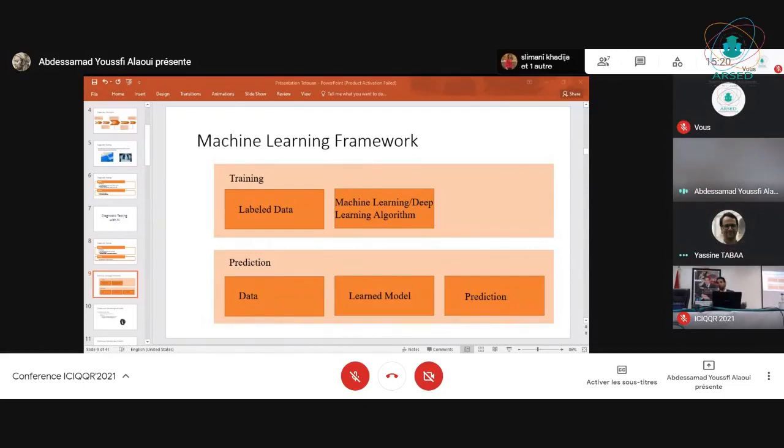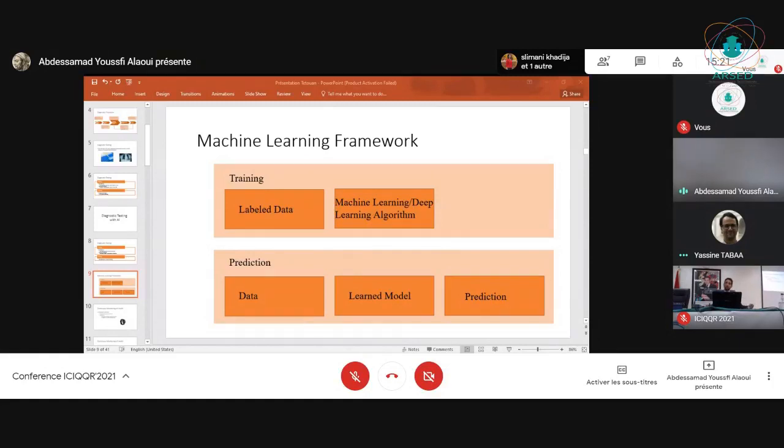Of course, if we find good results, we have to calibrate our model in order to generalize it for any patients or any signal. After that we make the prediction, and we generalize our model for any patients or any type of signals.